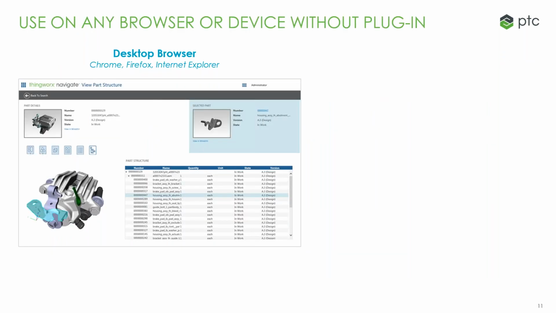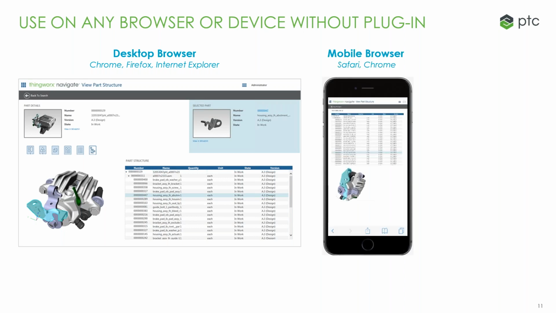The other enhancement has been to not only provide this Navigate interface through a desktop browser, like the common ones out there, Chrome, Firefox, Internet Explorer, but also have it natively supporting the mobile browsers like Safari and Chrome.